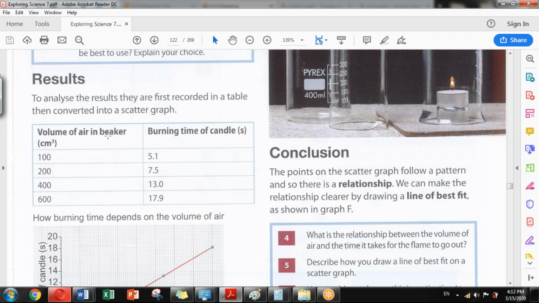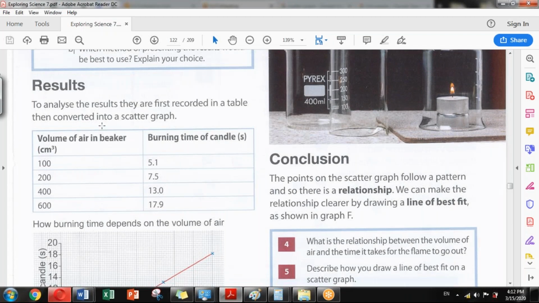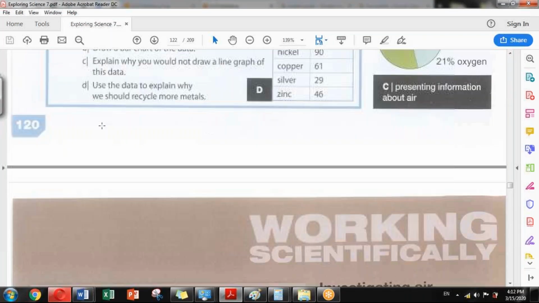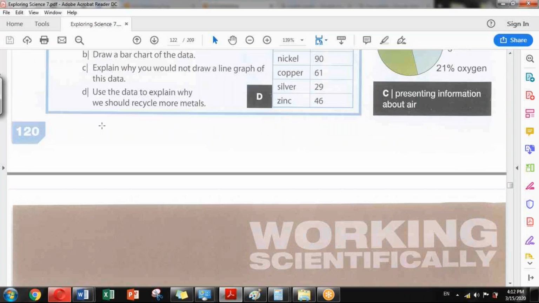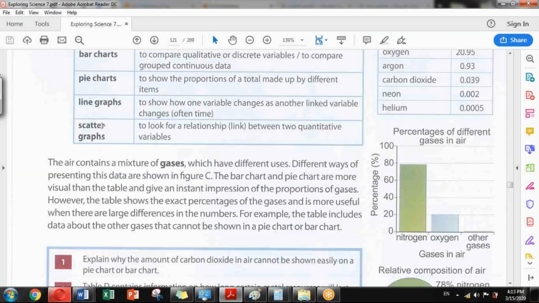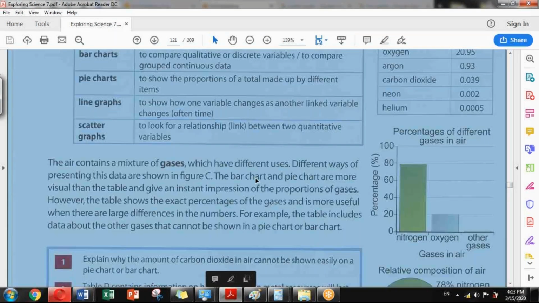You have two quantities here: volume of air in the beaker and burning time of candle. How can you show the relationship between two quantities? Of course, by line graph or scatter graph. Look here, line graph and scatter graph, to look for a relationship between two quantitative variables.